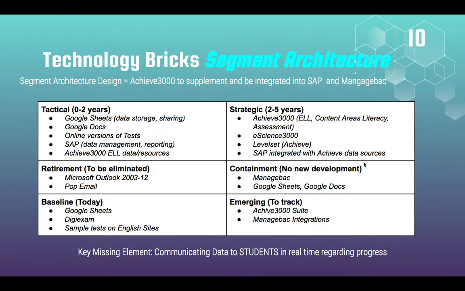And since we have the ability to change the code of our SAP system, I think once our IT team and our board of directors see the impact of Achieve 3000, this is a real option. We can go back in there and make some changes to our SAP school system so that it can integrate some of the Achieve 3000 data.